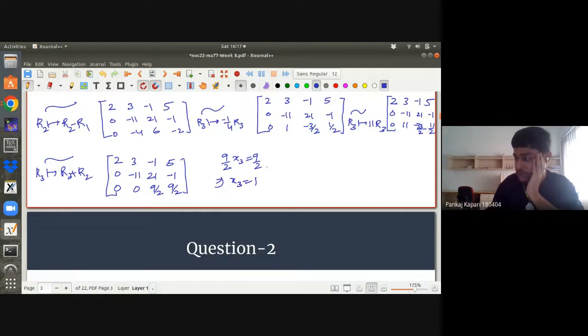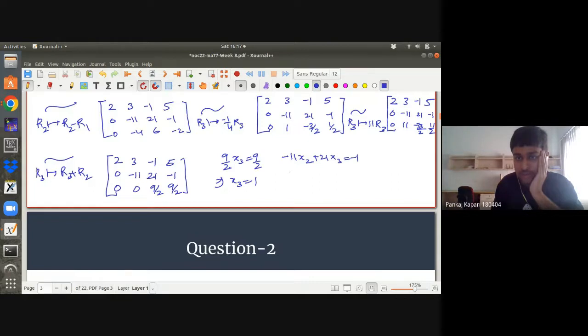So it is easy to solve. Again, you see that the second row just becomes 11x2 plus 21x3 equal to -1. But now the value of x3 we know, right? Because we have already solved the third equation.